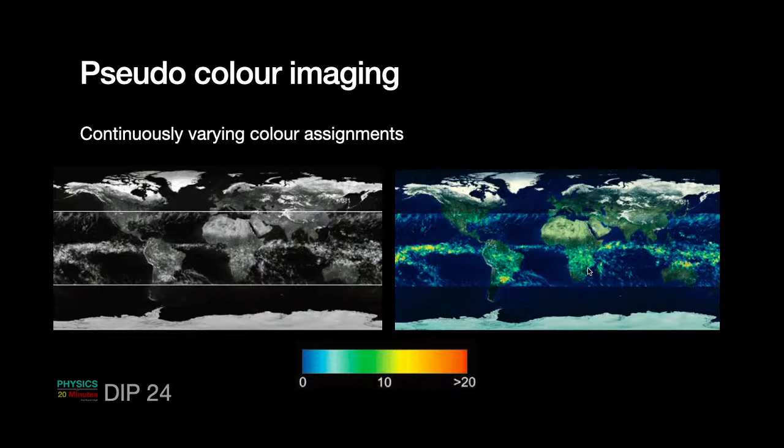It might show temperature, might show rainfall, whatever. So this side could be high rainfall, this side could be less rainfall. So these are the regions where the rainfall is high. So you can vary this as well. That is how your pseudo color imaging goes in a continuous domain.